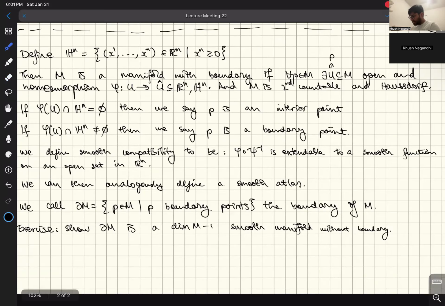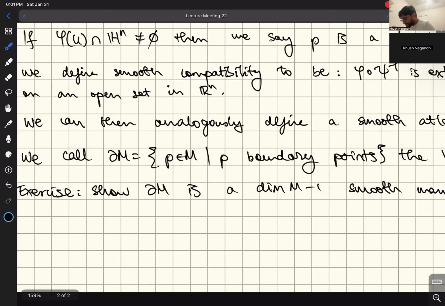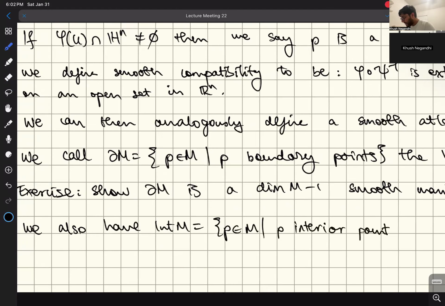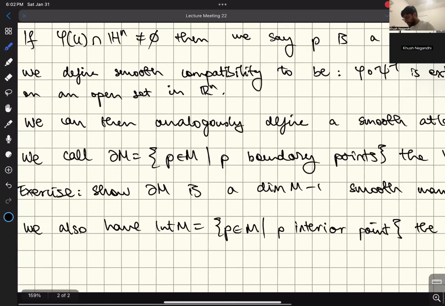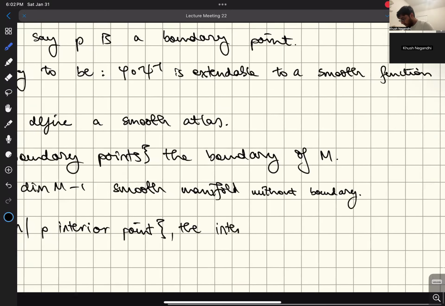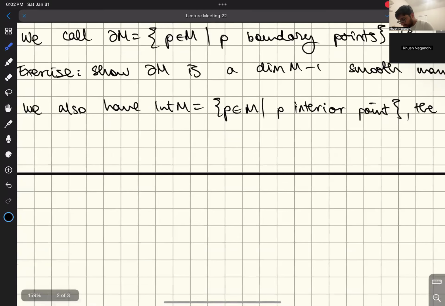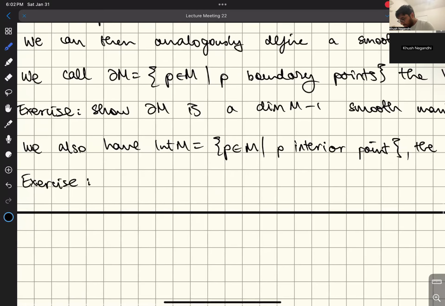Okay. We also have the interior of M, which is just the set of P in M such that P is an interior point, and this is also a manifold. So exercise: show the interior of M is a smooth manifold.